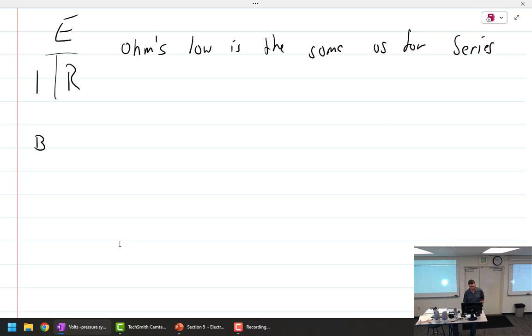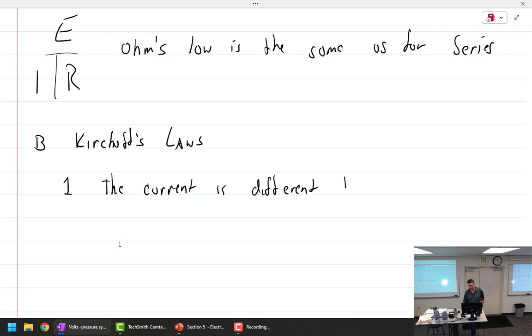So, all right, Kirchhoff's laws. Well, Kirchhoff says the current is different through each load, which is to say I total is equal to I of 1 plus I of 2 plus I of 3.